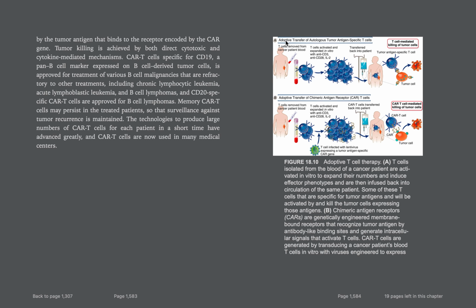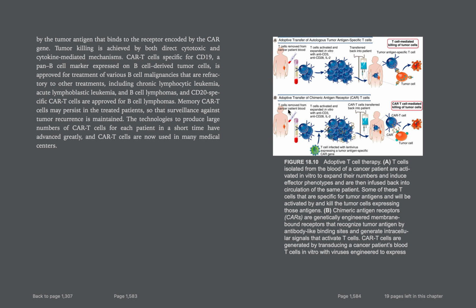So in the diagram, you see here T cells removed from the cancer patients, then T cells activated and expanded in vitro, then you transfer them back, and after transfer, the tumor antigen-specific T cells fight against the tumor and kill it. But another way is adoptive transfer of chimeric antigen receptor CAR T cells.